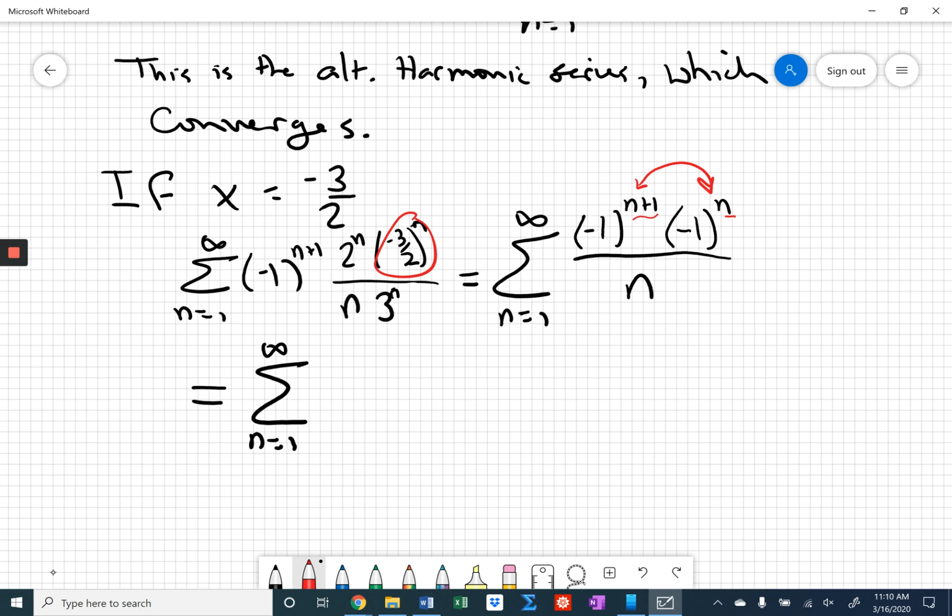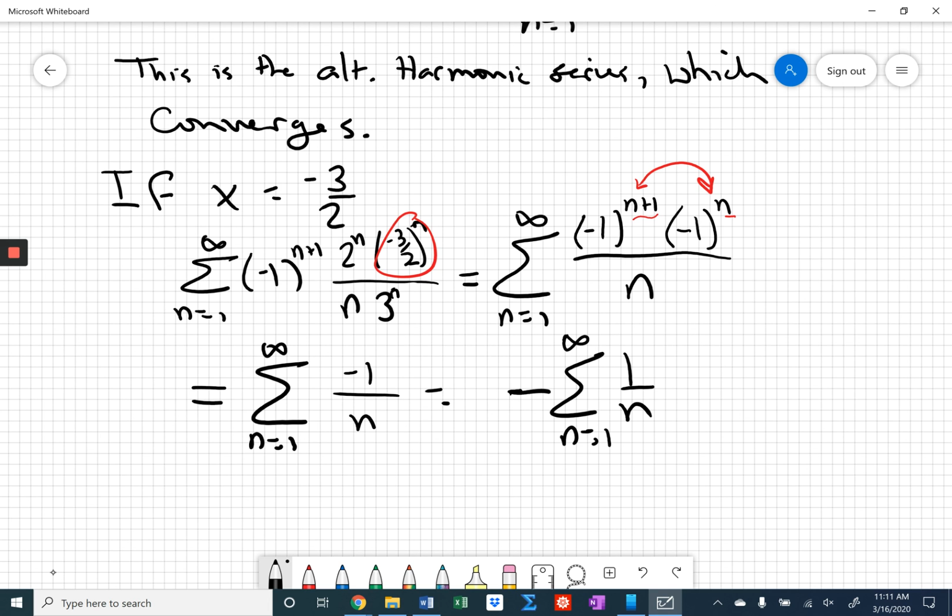And when this one's even, this one's odd. So one of them is always going to be negative, and one of them is always going to be positive, which means that this thing is always going to have a -1 in the numerator over n, which is just the opposite of the harmonic series. And the harmonic series diverges, so taking the opposite is still going to diverge anyways.